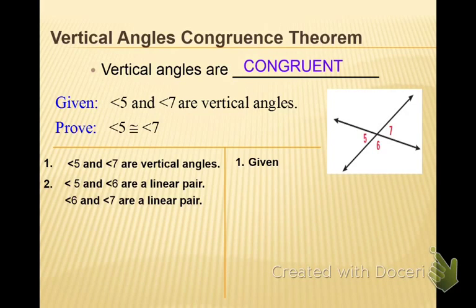Why can I say that? Why can I say they are a linear pair? We know 5 and 6 make a supplementary pair of angles, and they share a ray. Same with 6 and 7.